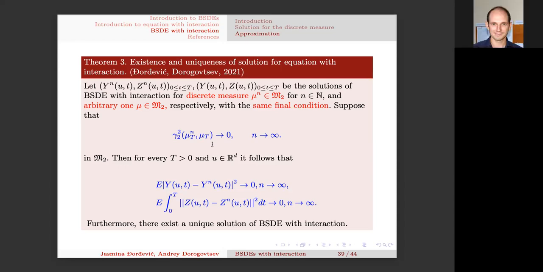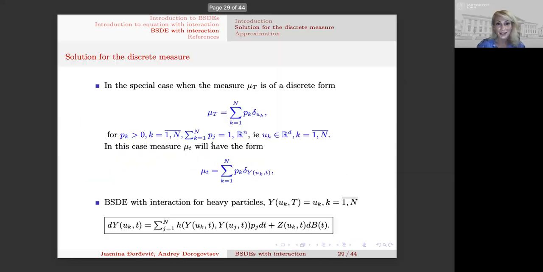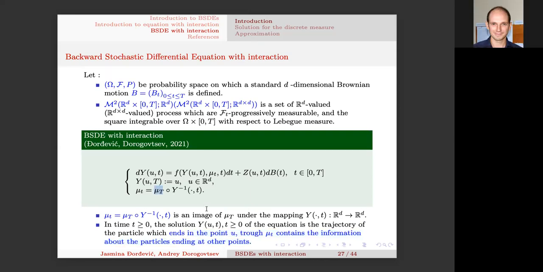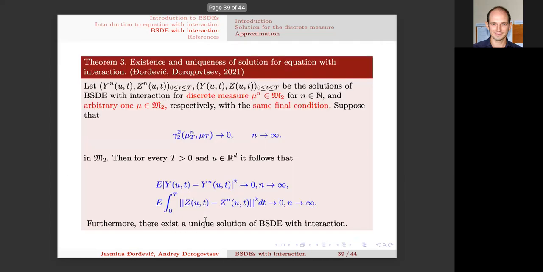How to see it? Well, how I understood it, we have some final measure, mu T. You proved convergence of mu n and you proved convergence of yn. And the question is why mu t is the image of the final measure.